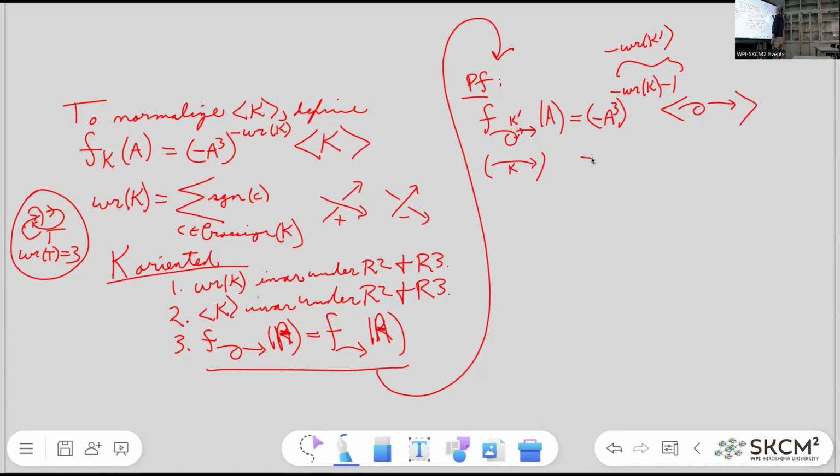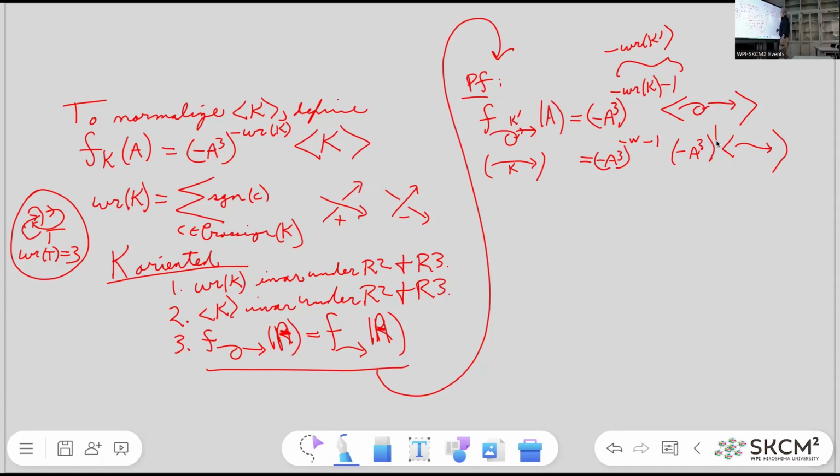So now I'm calculating and I get minus A cubed to the minus writhe of K, times, now what happened here? This is a plus, so this is minus A cubed times the result of that. And these are canceling out.